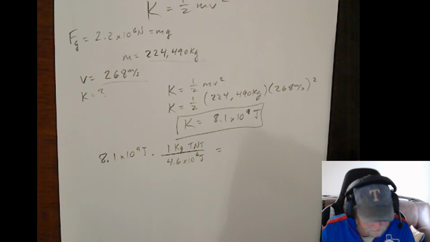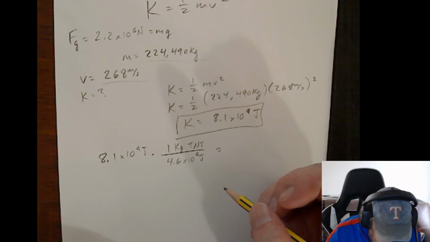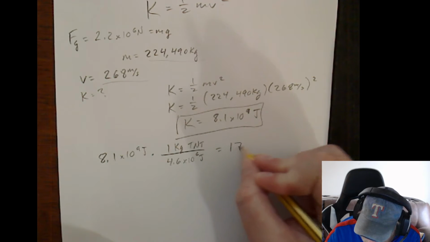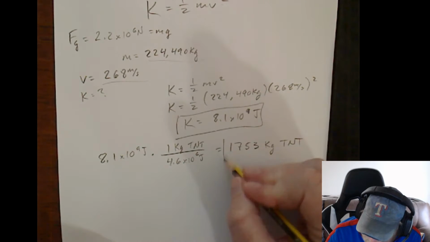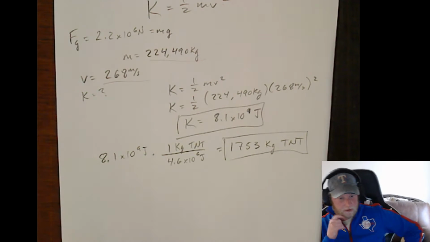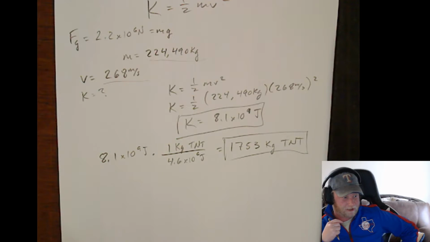Then that roughly comes out to 1,753 kilograms of TNT.